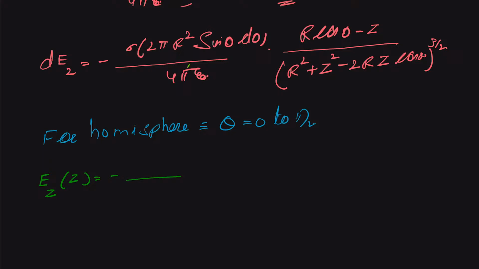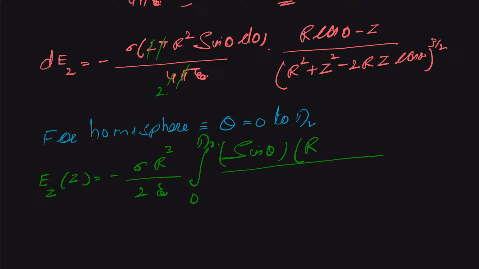This pi cancels out, and this 4 goes by 2, and this will come as r cube, so this will be sigma r cube upon 2 epsilon naught, integration 0 to pi by 2, and we are left with sine theta, and we have r cos theta minus z, and in the denominator we are going to get r square plus z square minus 2rz cos theta to the power 3 by 2.